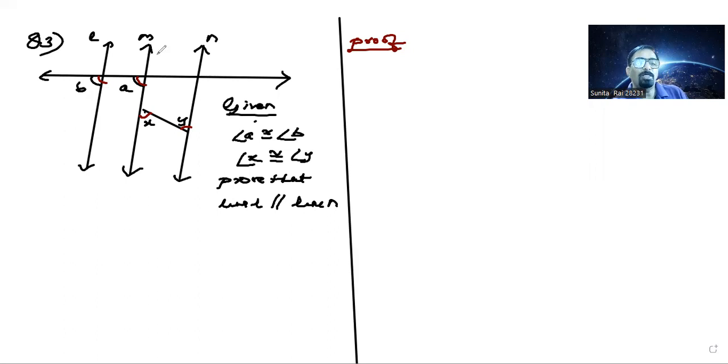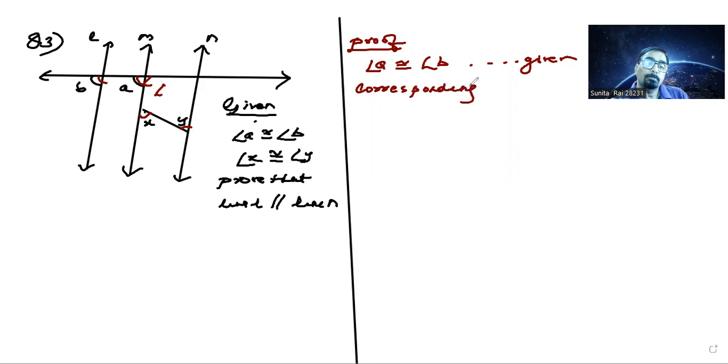Look how easy it is. Angle A and angle B are congruent. That is the given information, and that is the purpose we write it. It doesn't mean that we should always write the given information first. But here in this sum, angle A congruent angle B is given. So what do you understand from it? You only understand: corresponding angles are congruent.